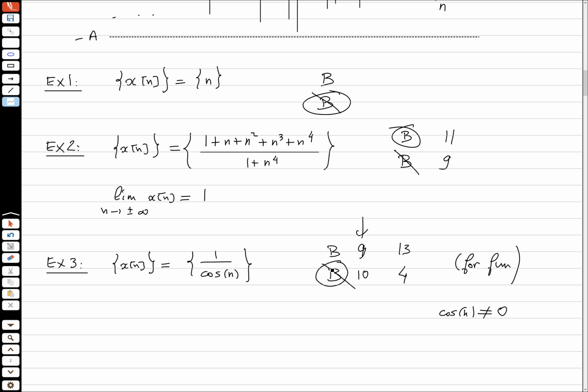Now, n is always an integer. But you give me a number, as small as it might be, it is always possible to find an n, if you choose n large enough, to make cosine of n close enough. For this example, you can't find the 0, you just cannot find the floor. Here, I cannot find the floor of cosine of n, therefore I cannot find the ceiling of the inverse.